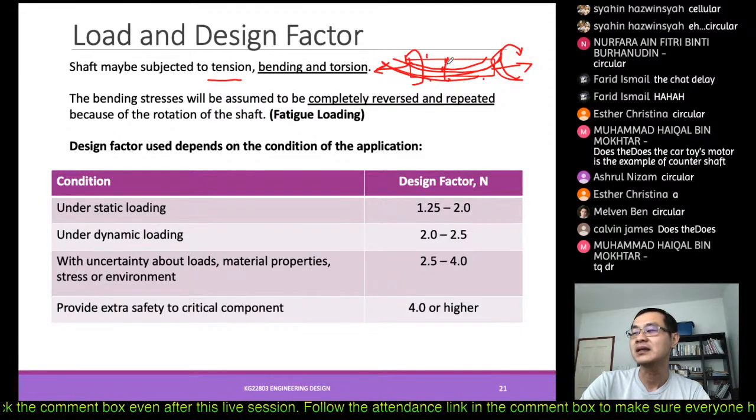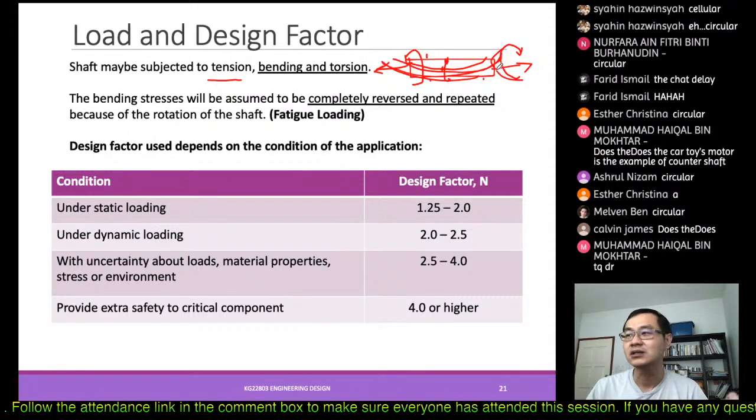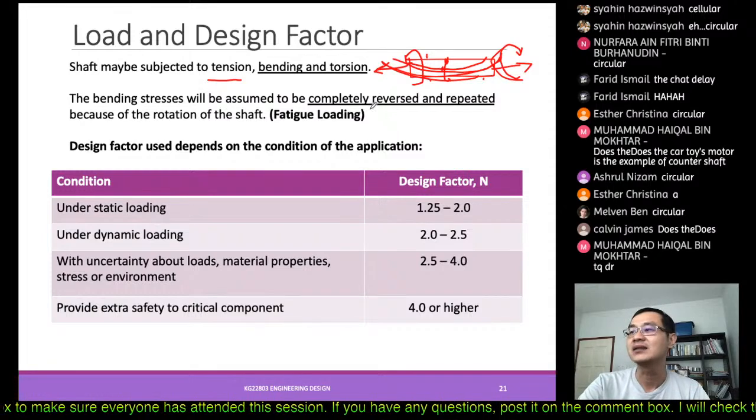Instead of being bent downward, it is now compressed, and at the bottom side it is stretched. So the load is completely reversed and repeated.